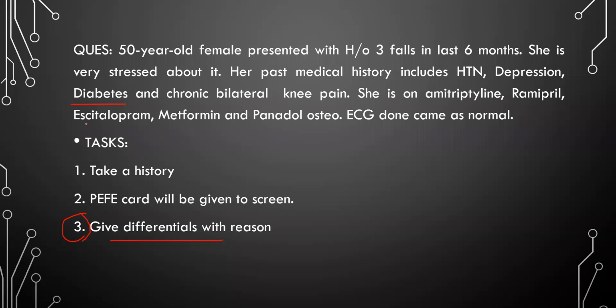So we can ask these questions in one go. Do you have any trouble with your digestion? Do you get symptoms of frequent burping, reflux, heartburn, anything like that? Any trouble with your bowel motion? Any trouble with your urination? Any trouble with your sexual function? So we can ask those questions and say that it could be diabetic autonomic neuropathy also.